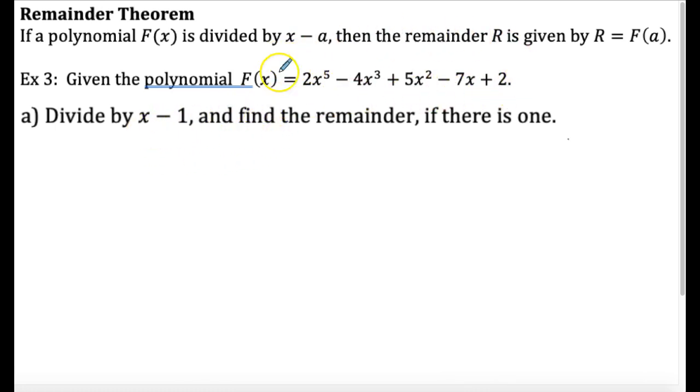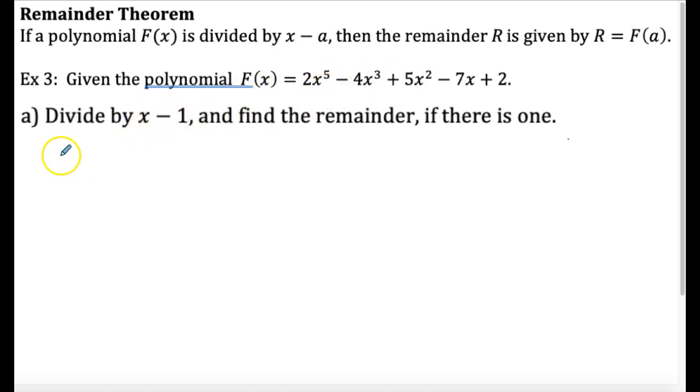So the remainder theorem says if a polynomial is divided by x minus a, then the remainder is given by r equals f of a. So what we want to do is we're going to use synthetic division first to divide this polynomial by x minus 1.